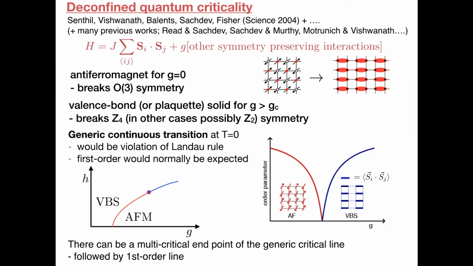Now, of course, even in the old scenario, you cannot exclude that if you tune two parameters in the model, you could have some branch where you have this generic DQCP continuous transition, but somewhere else in the phase diagram the transition could turn first order, and in between there would then be a multicritical point.